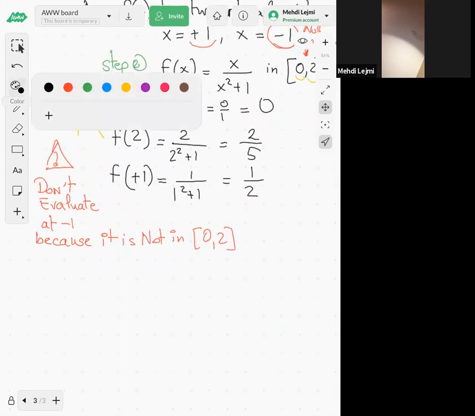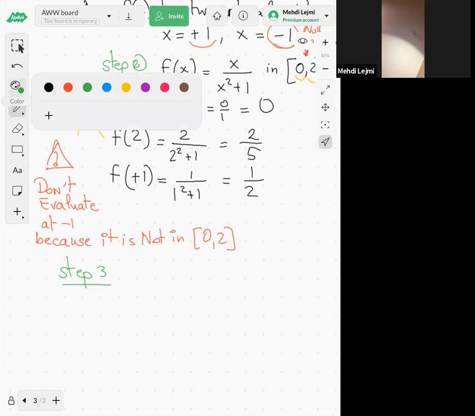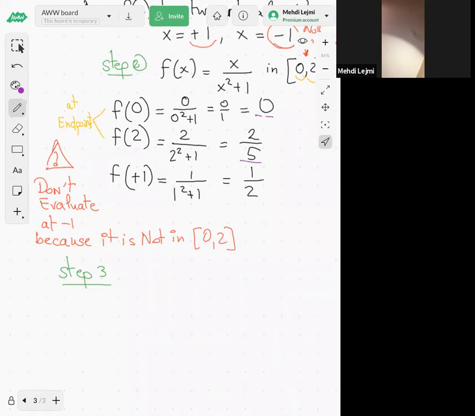Now I'm going to move to step 3 and check which value is the largest one and which one is the smallest one. We have 0, 2 over 5, and 1 over 2.